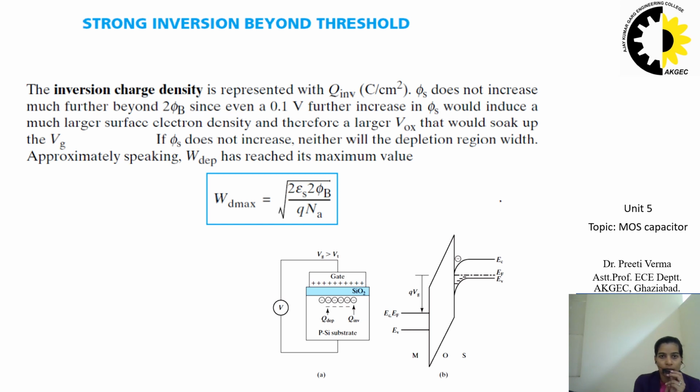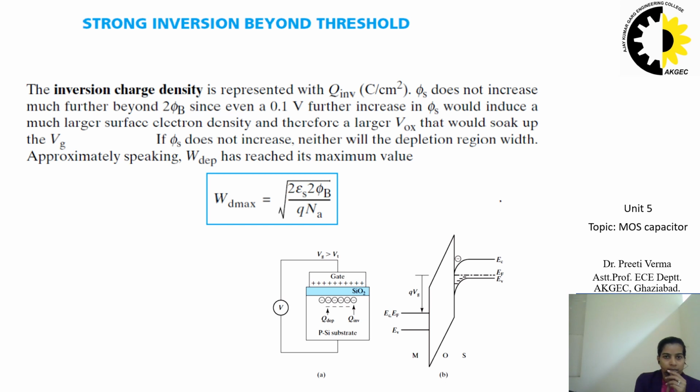Phi s does not increase much further beyond 2 phi b, since even a 0.1 volt further increase in phi s would induce a much larger surface electron density and therefore a large value of Vox that will soak up the Vg.